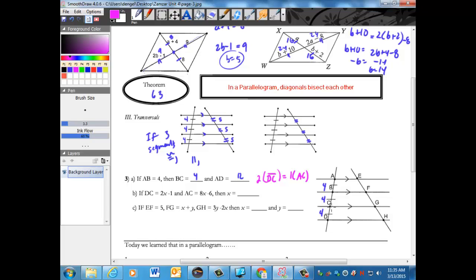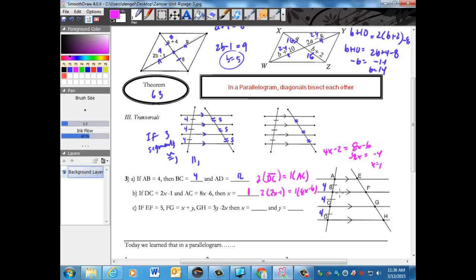From D to C and then from A to C, we need 2 of these to equal 1 of AC. So we're going to take 2 and then multiply that by 2x minus 1 because that's our length of DC, and it's going to equal 1 times 8x minus 6. So solving, we get 4x minus 2 equals 8x minus 6. Negative 4x equals negative 4, so x is equal to 1.